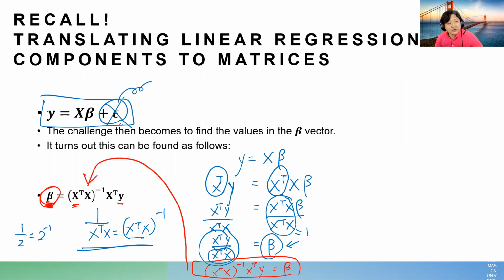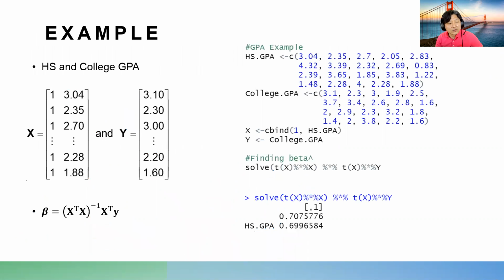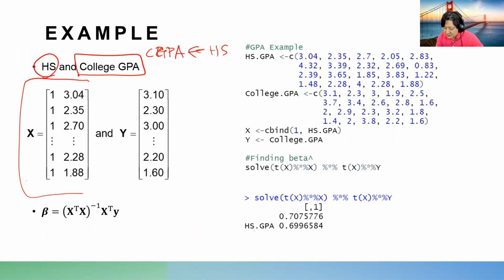So I'm going to show you using R. Let's say we have high school GPA and college GPA. We want to predict college GPA using high school GPA.